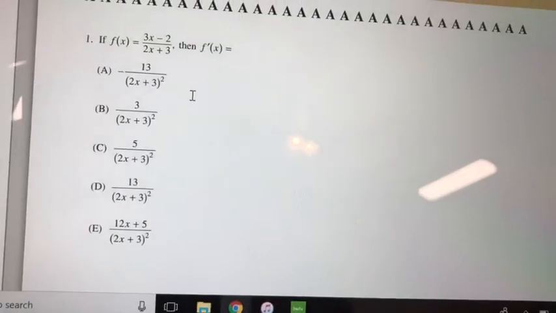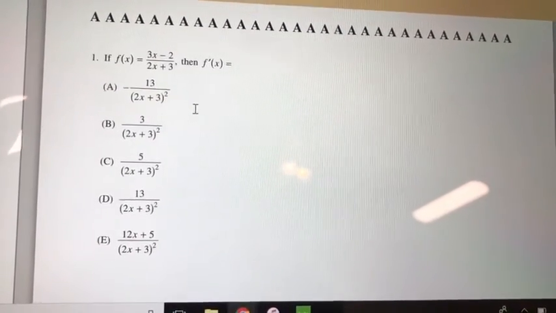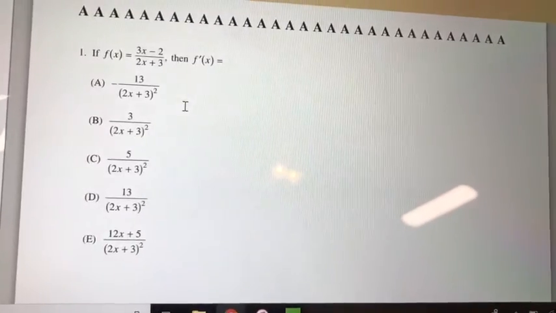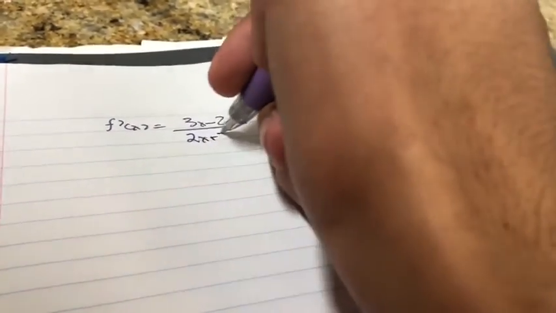Let's go ahead and work on an AP problem from an AP test. So this is a problem on one of the AP tests that I found, and we're going to be using the definition to solve for this. So let's write this down. f of x equals 3x minus 2 over 2x plus 3.